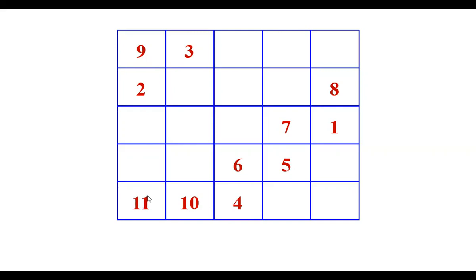Next, for this the diagonal corner 12, for this the diagonal corner 13, another diagonal corner 14, diagonal corner here 15. The diagonal corner for this will be coming here, but we don't have it.